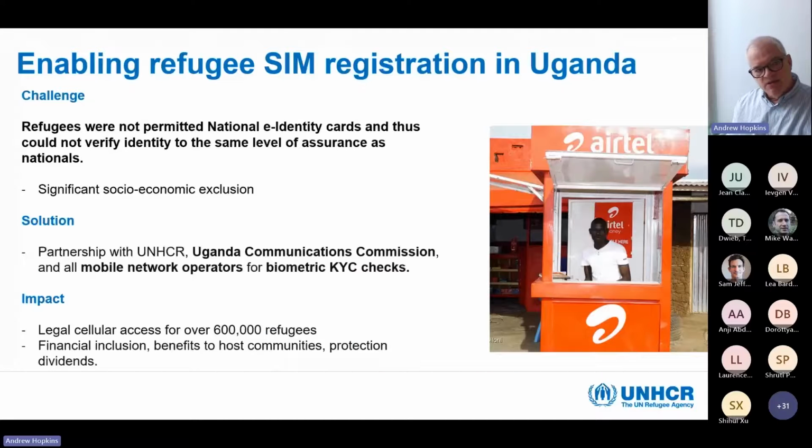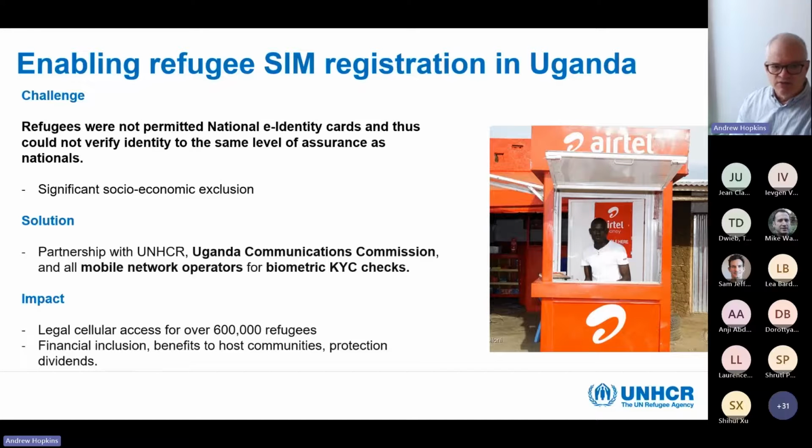We have another example in Uganda where we had a real challenge of refugees not being able to meet KYC requirements that citizens could usually enjoy. So here we had a huge number of refugees.